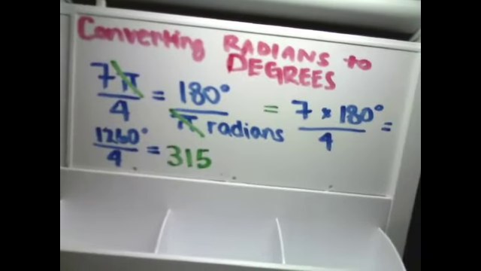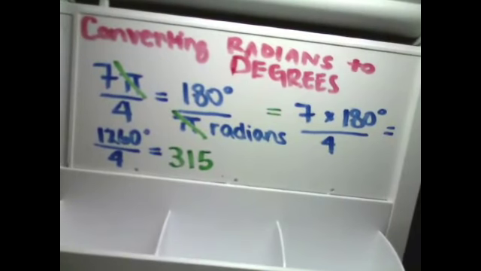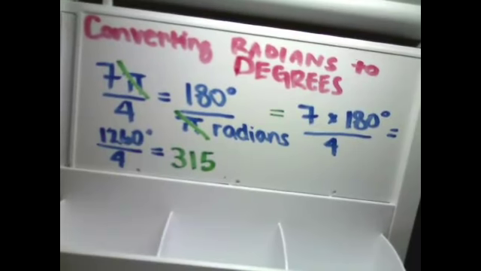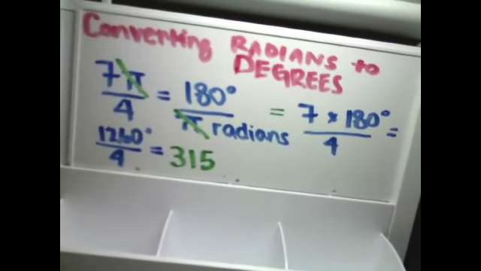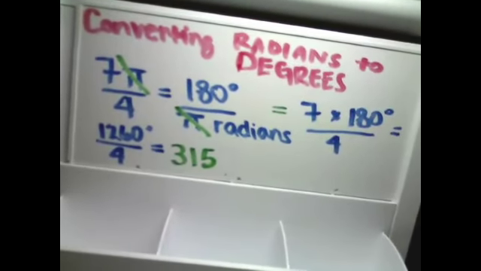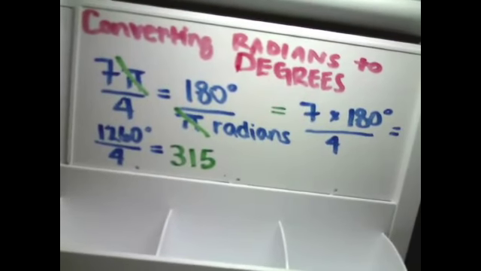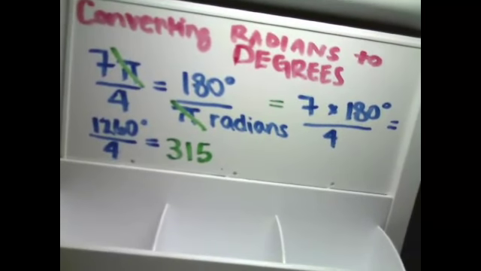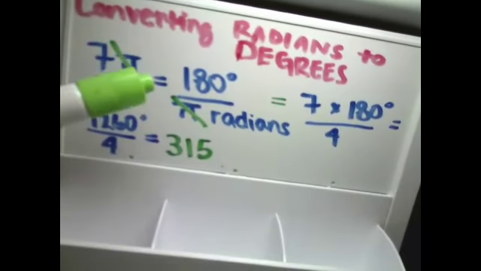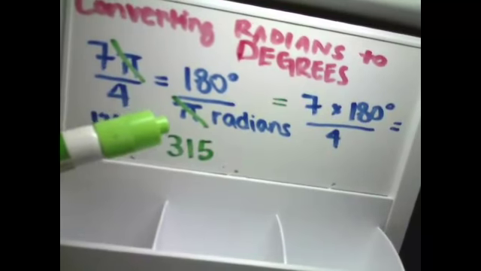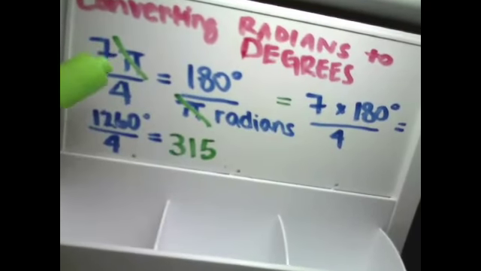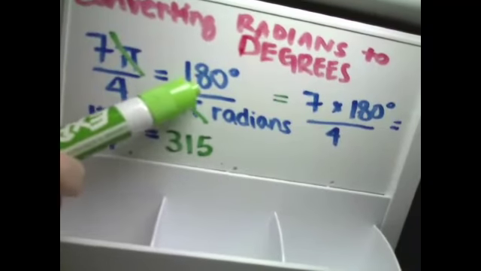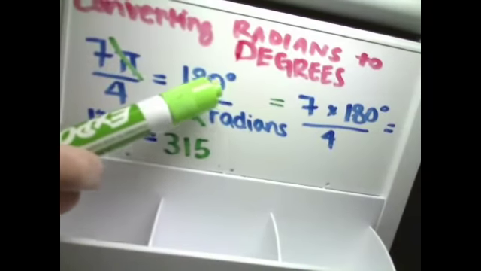Now let's learn how to convert radians to degrees. The problem is 7 pi over 4, and 7 pi over 4 is already in radians, so now all you have to do is make a proportion, which will switch it over to degrees. At the top of your proportion, you're going to find 180 degrees, and at the bottom is what you want to take away. So let's see, you already have radians, so you want to take away the radians and make it solely degrees.